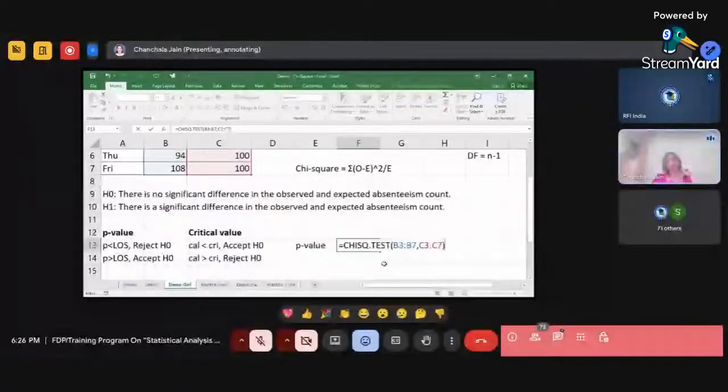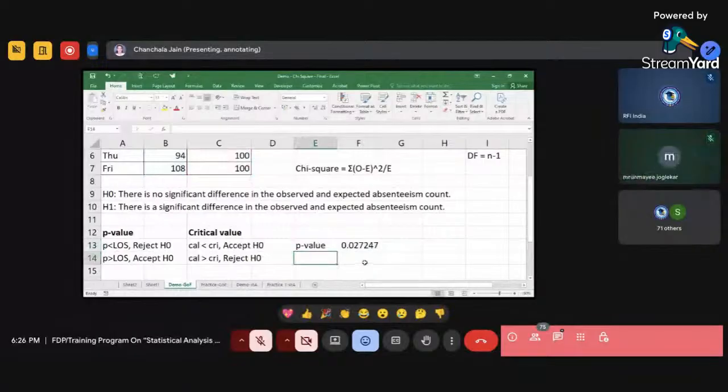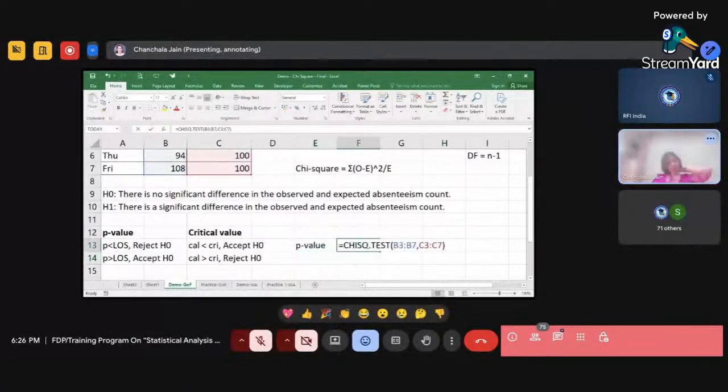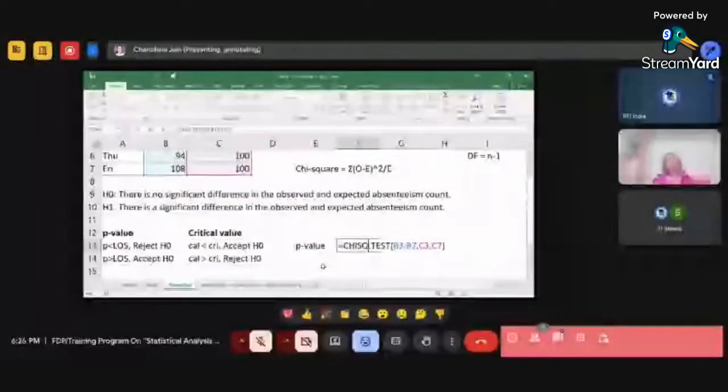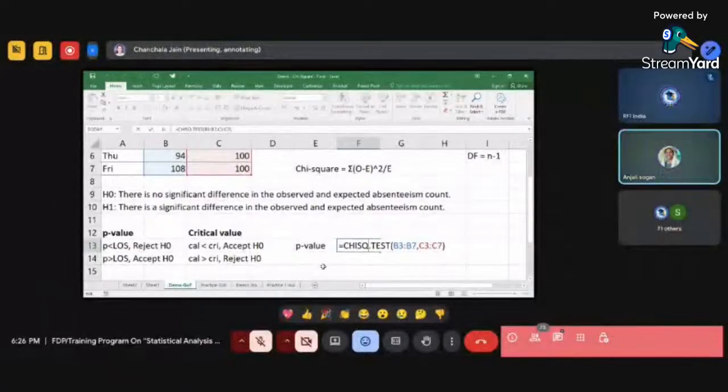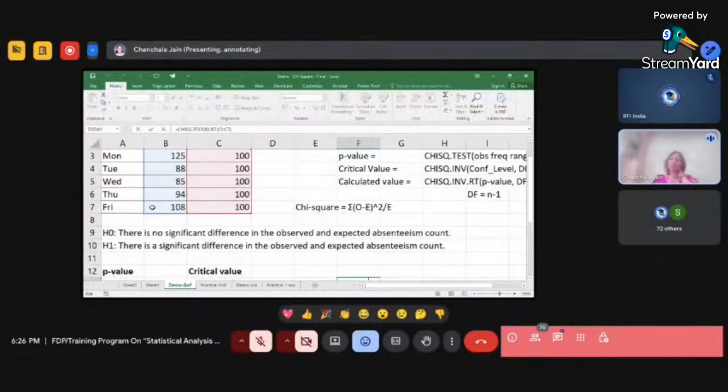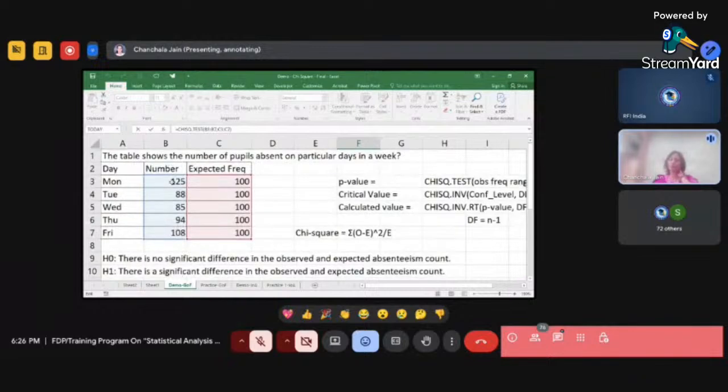Shall I go ahead? Ma'am, please repeat one time. Equals CHISQ, you can type. You will see the prompt. From there you can select the function, and then you need to select the first range which is below this number, and then the second range below the expected frequency.